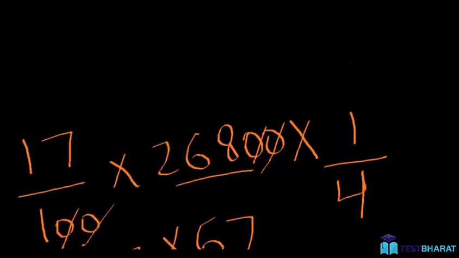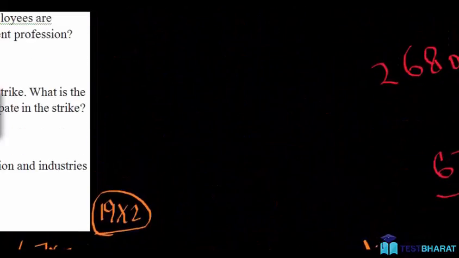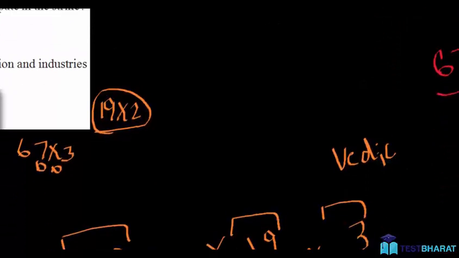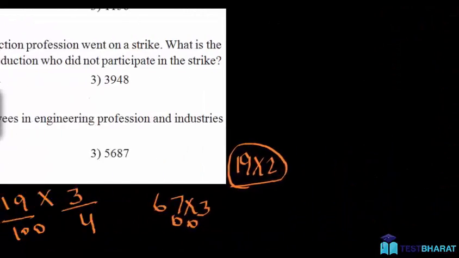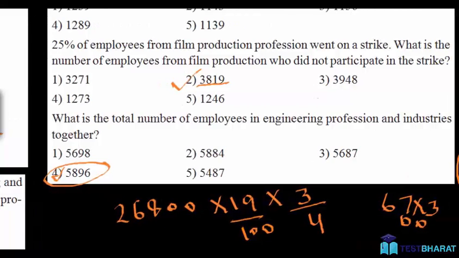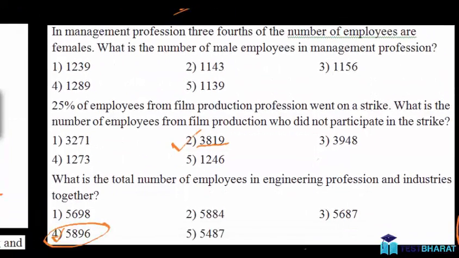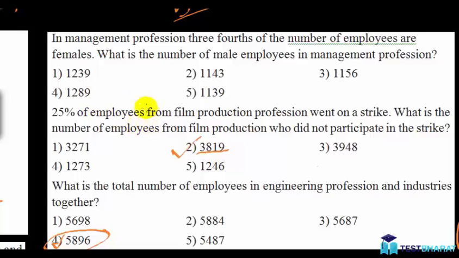So here you just have to multiply it and you can get the answer. I'm not telling you any other trick on 67 into 17, because that will be confusing. You just need to multiply it and you will get the answer for this also.